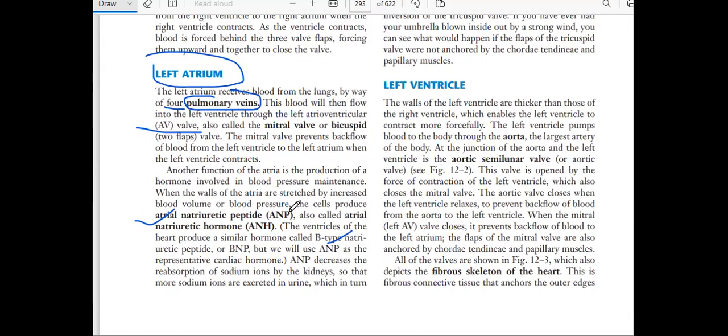And second, it will decrease the absorption of sodium, so the sodium will be released from the body. So blood volume decreases. If the blood volume is, say, 5 liters, it will become 4.9 liters. Then the blood pressure decreases. So that's the way blood pressure is decreased in the body. Okay. So this is the function of the left atrium.